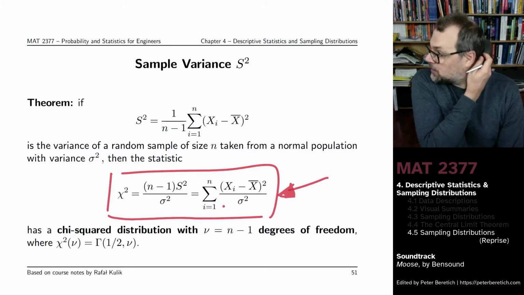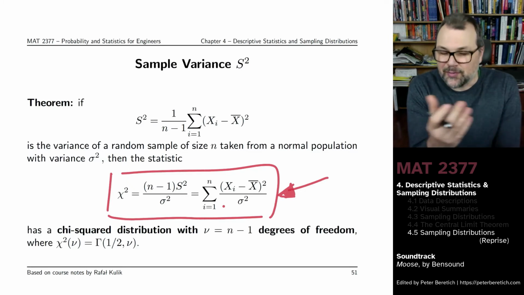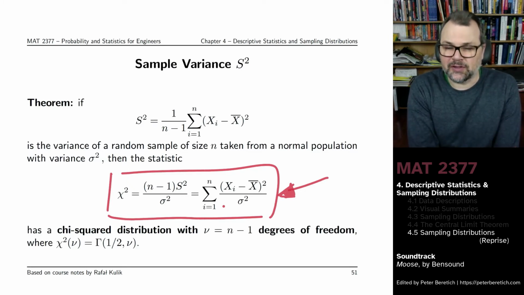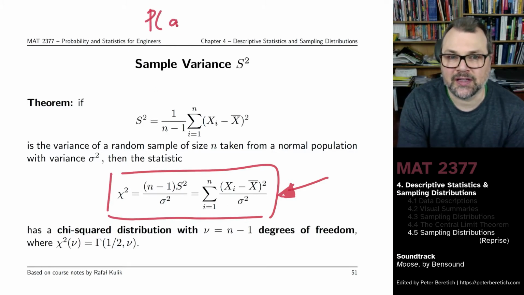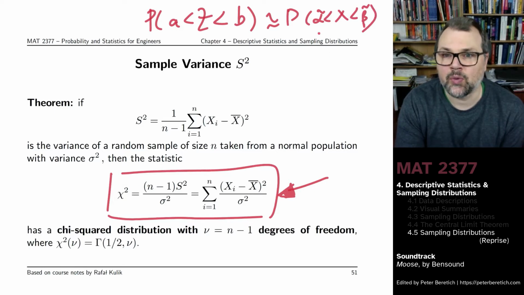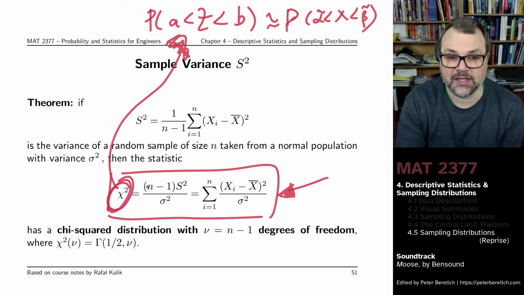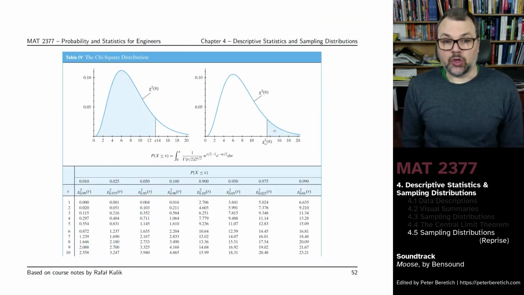When you're trying to do these probability computations on the difference of the means or on the actual sample mean itself, on a standardized quantity, you end up looking at things like this as an approximation for some other thing you were interested in computing. Well, when it comes to the sample variance, Z is often played by this chi-squared quantity that you'll have computed here. This is what the distribution looks like in general.